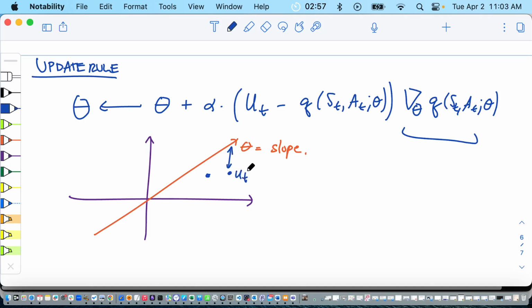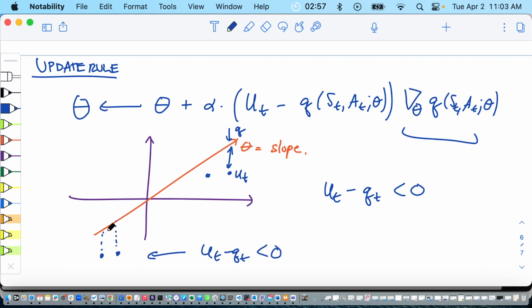This is like the U_t, this is like the Q, and U_t minus Q is negative, less than 0. It's below. Let's put another point over here. So this is, again, the same situation. U_t minus Q_t is negative. These are points that are below the actual thing.